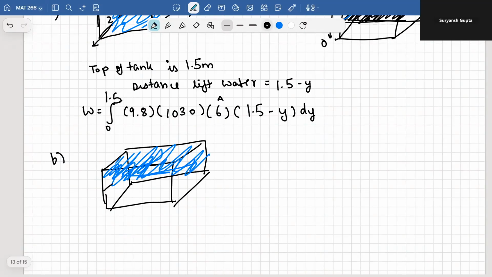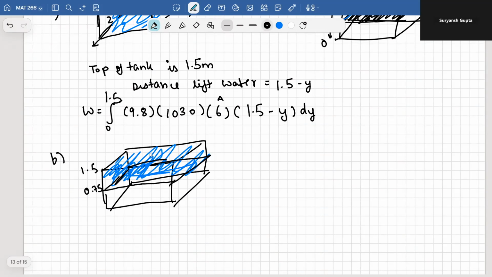I can draw something like this. My area of cross section, there's still water all over the aquarium, but we're only looking at the top half. So the top half goes from 0.75 to 1.5.